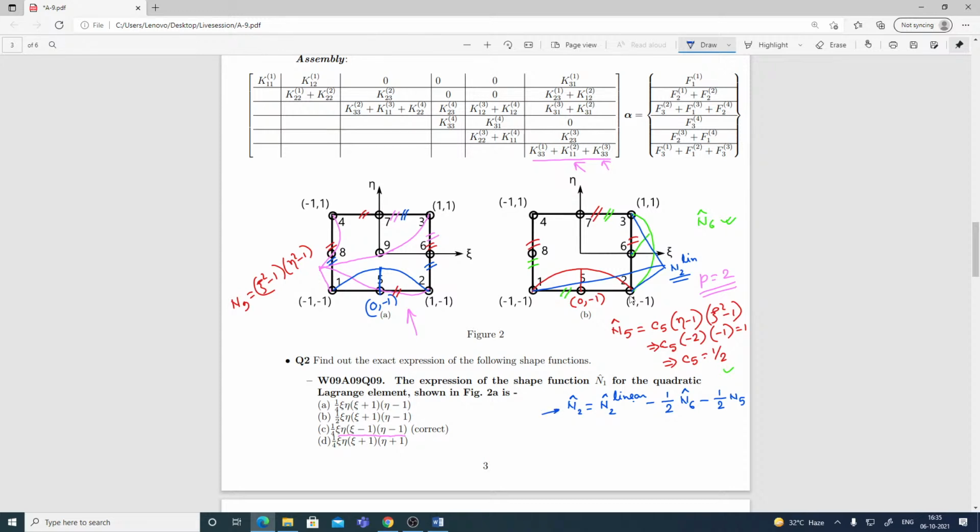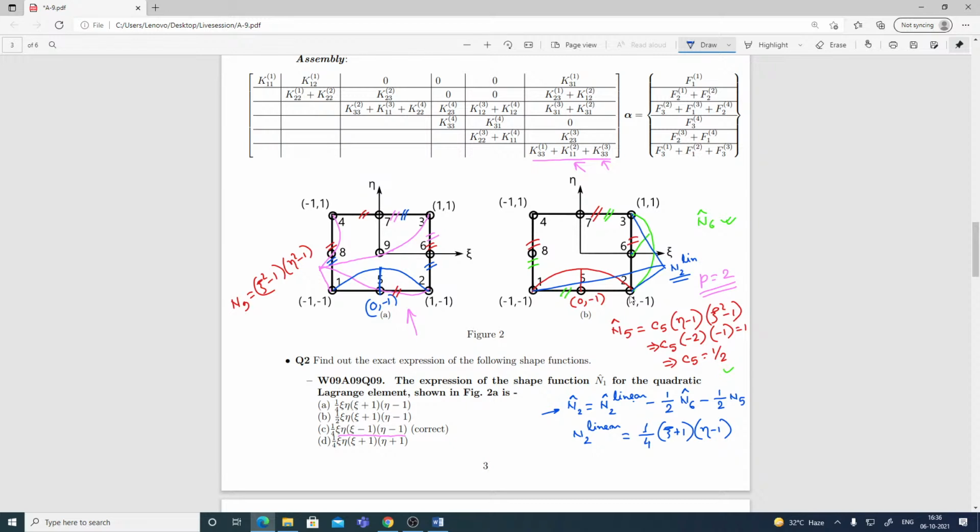So you need to simplify it, but let me tell you what N2 linear is. N2 linear is basically 1/4 of, as you can remember, it is 0 at eta equal to 1 and xi equal to -1. So it should be xi plus 1 and eta minus 1. But you need to check, because at xi equal to 1 and eta equal to -1 it should be 1.